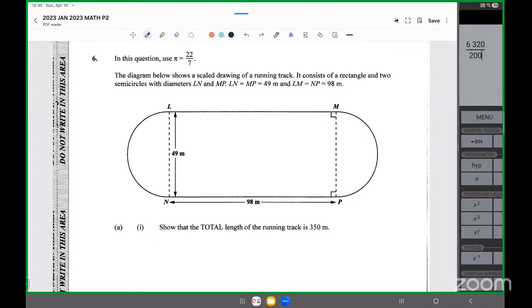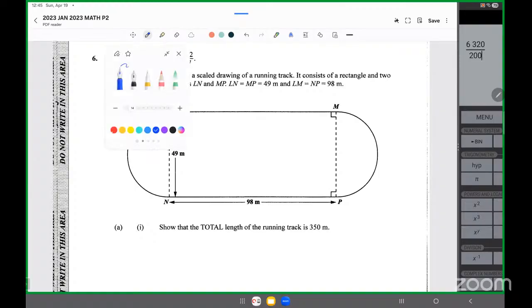It says it consists of a rectangle and 2 semicircles with diameters LN, that's here, and this, and it is 49. So everything is on the diagram. The diameter is 49.